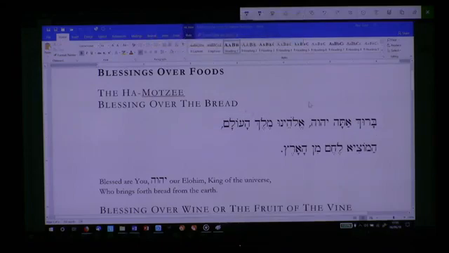Okay. The blessings have this basic format. There are typically two lines. The first line is Baruch atah Yahweh Eloheinu melech haolam. And that is this part of the blessing. The second line is not included in this particular blessing.